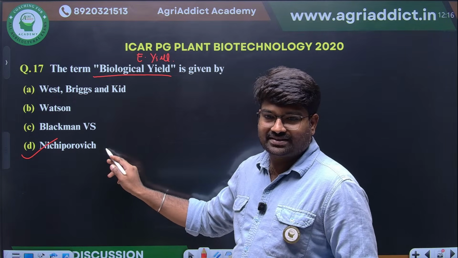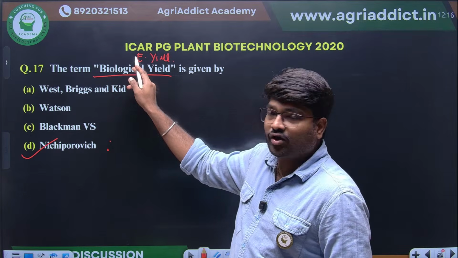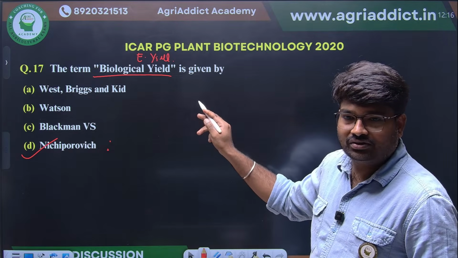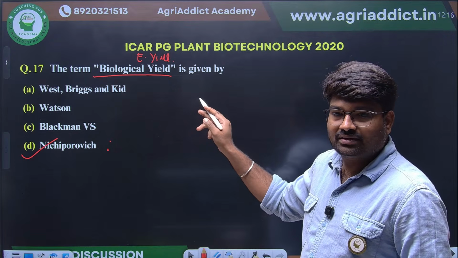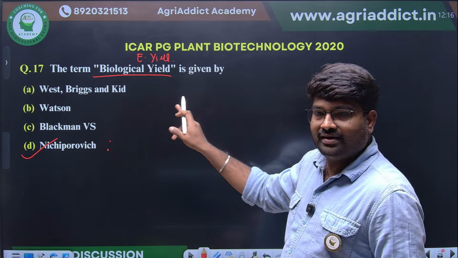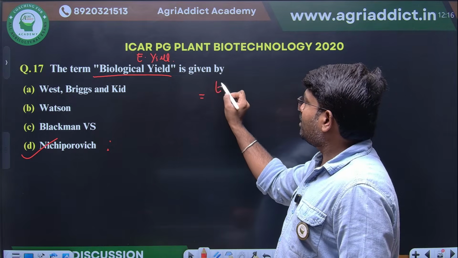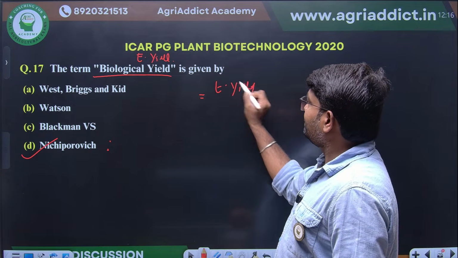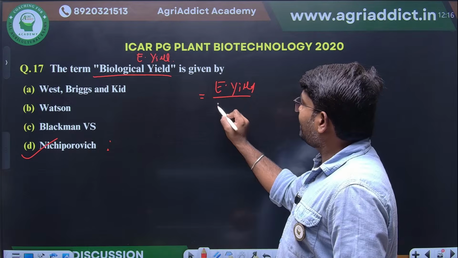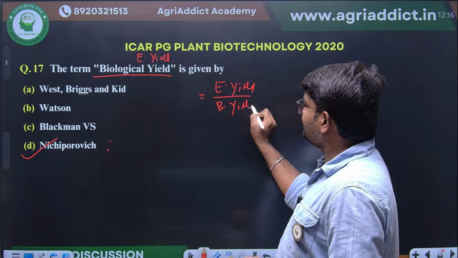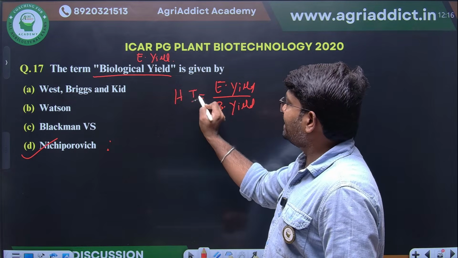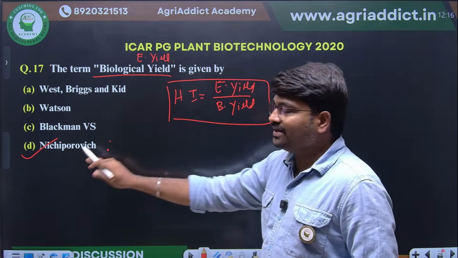This we can also say as economic yield. This formula we have already discussed in our class: economic yield by biological yield, that means it is the harvest index. So the term was given by Nitsporvachi.